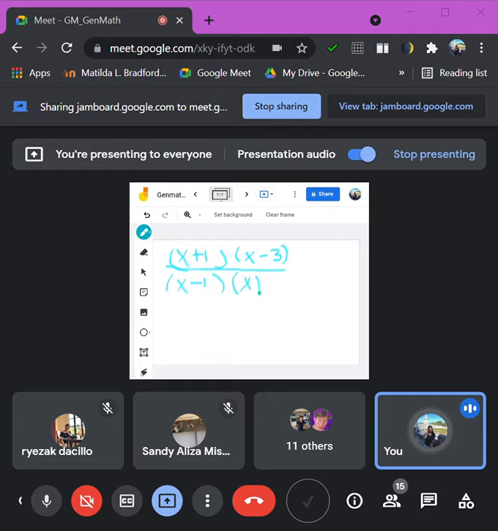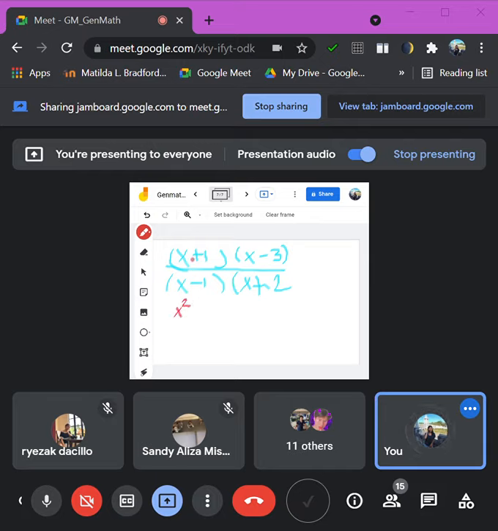Okay, do you think this is the final answer? Same as earlier, we should not end with factors. We should end this in expanded form, so we use the FOIL method. You will have x times x, that is x squared.